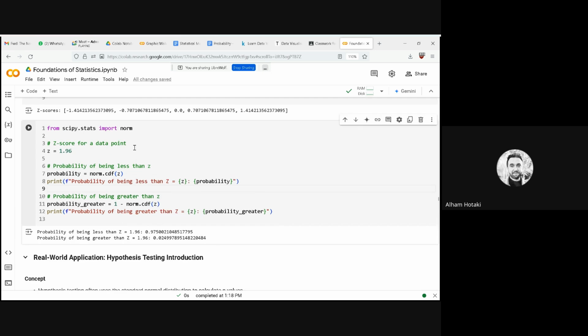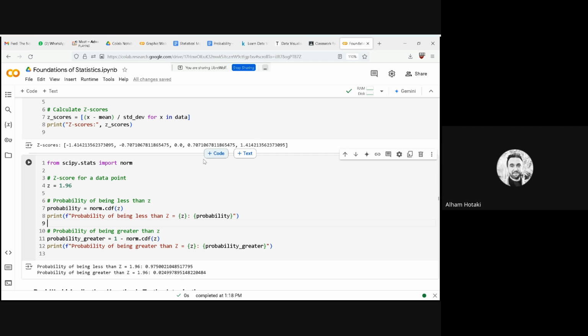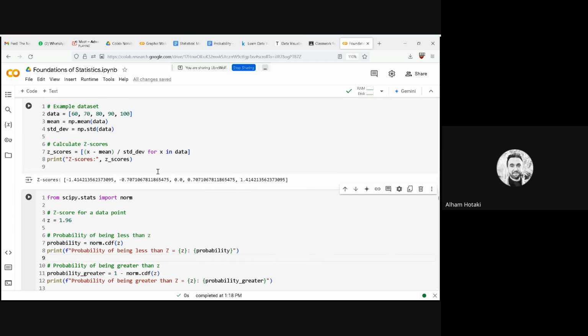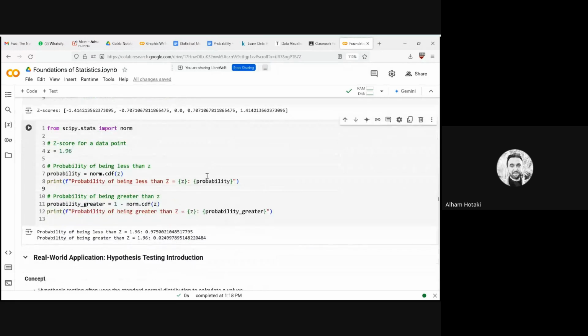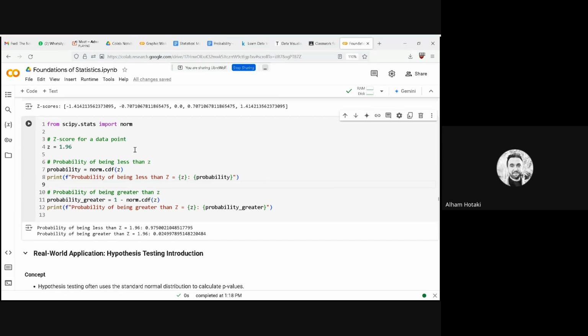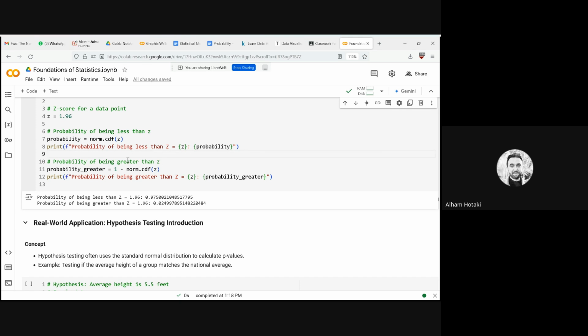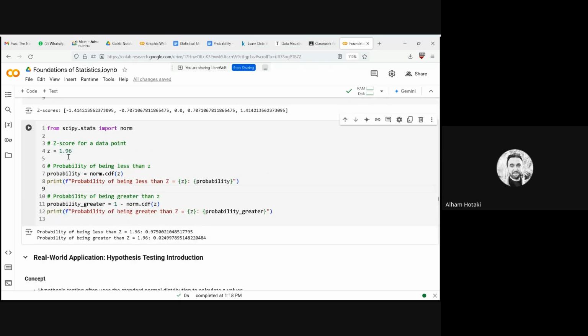So this is how it says the distribution for the z-score of a data point. You have a z-score of 1.96 for a data point in a data set, and you want to know how much data is greater than this data point and how much data is less than this data point.